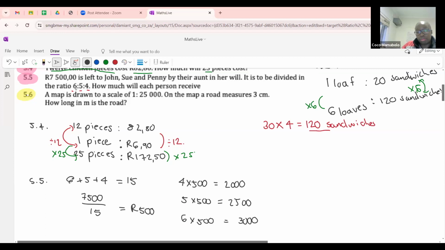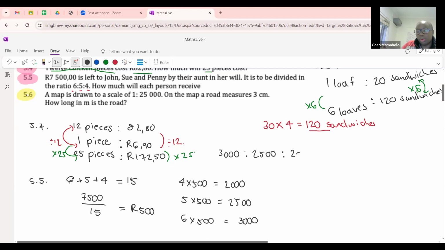Remember, they gave us 6 to 5 to 4, so we need to write these numbers in that direction. The new numbers that we got: we're going to start with 3,000, then 2,500, then 2,000.